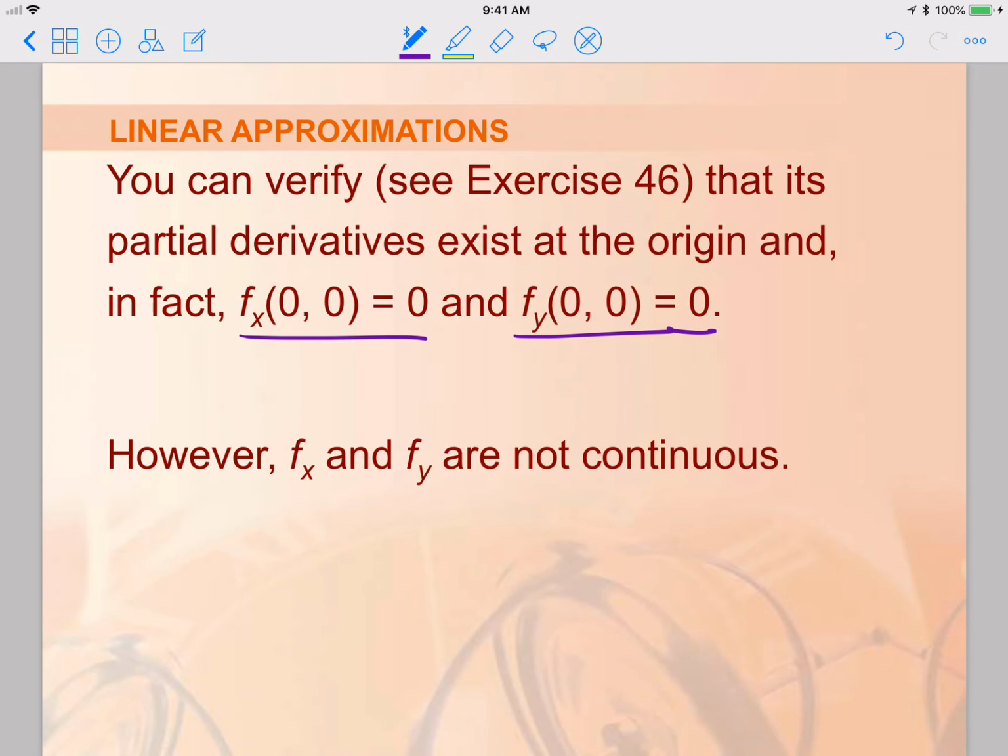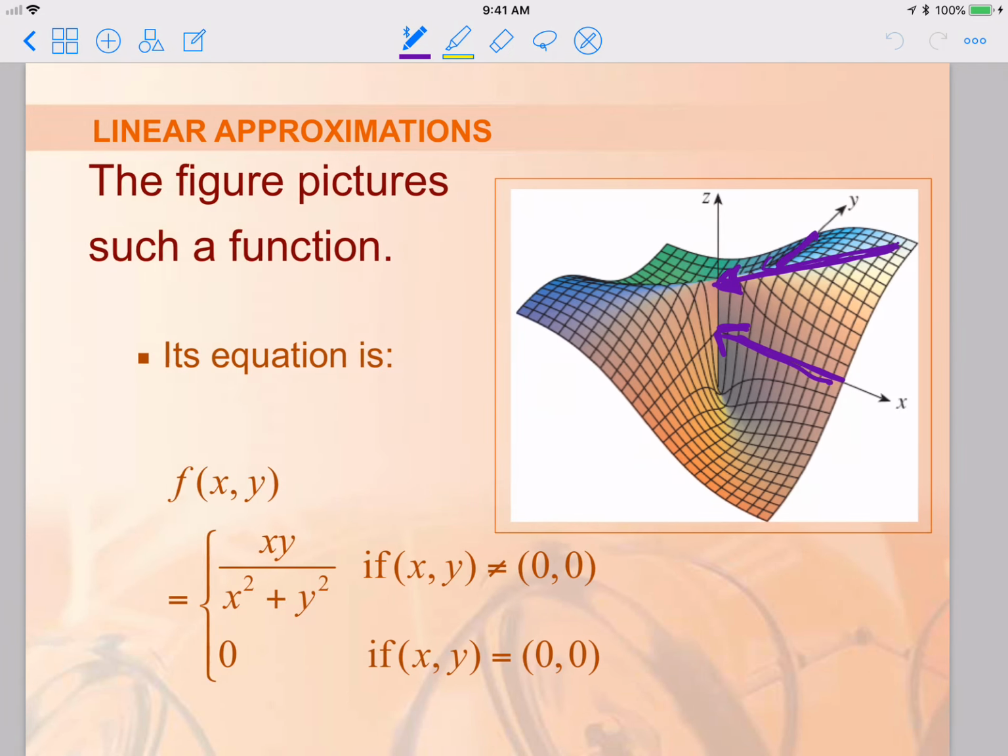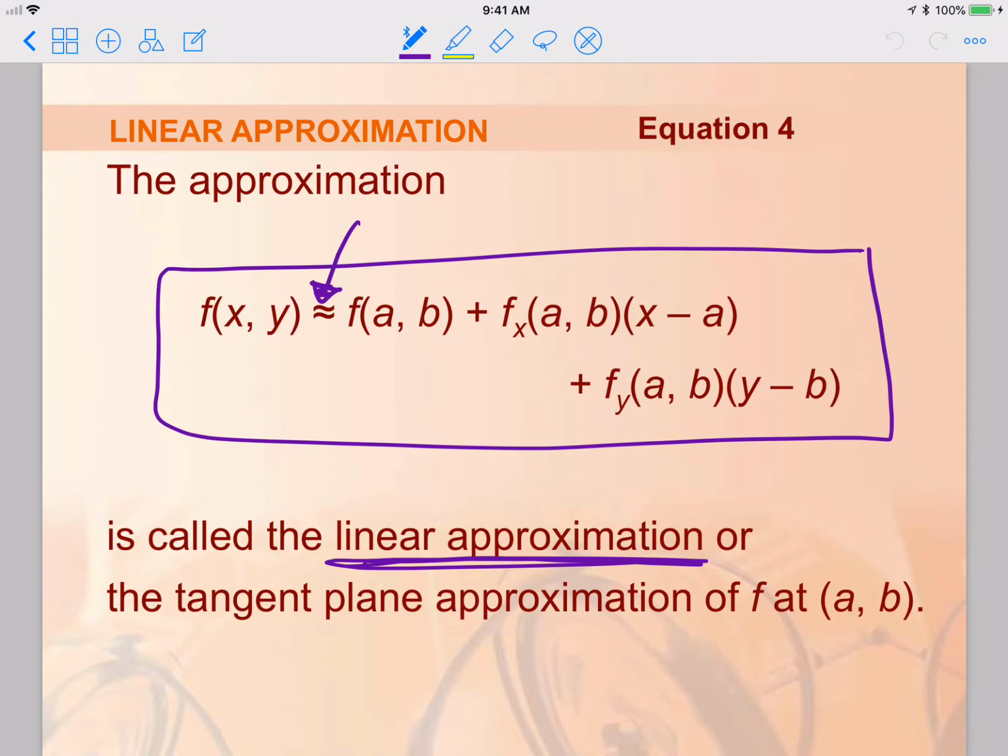Okay, so since the partials are equal to 0, what would our linearization be? At the origin, let's go to our formula here.